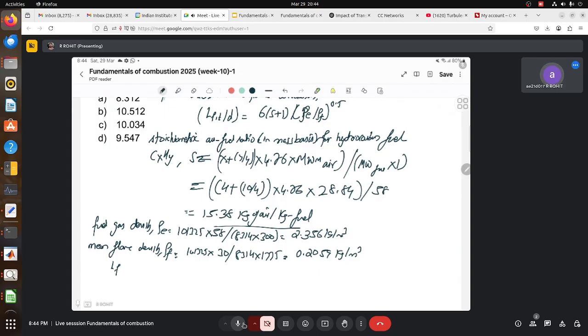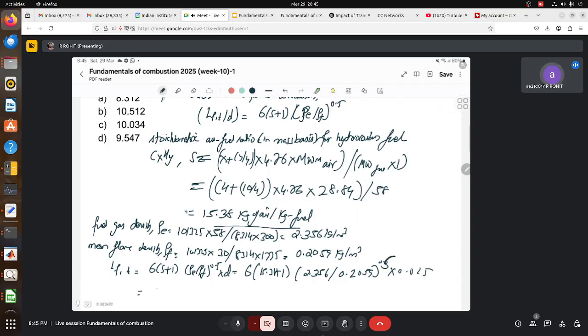So your turbulent flame length is 6 times (S plus 1) times (rho e by rho f) whole to the power 0.5 into D. With the stoichiometric value 15.38, you get 6 times (15.38 plus 1) into (2.356 by 0.2059) whole to the power 0.5 into 0.025.